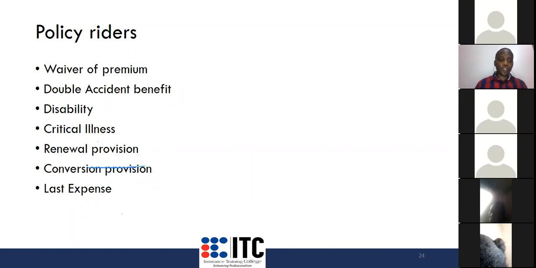Yeah. Then we have a conversion provision. This is where a policyholder is interested in converting his term life assurance contract either into a whole life contract or even into an endowment contract without any further underwriting.